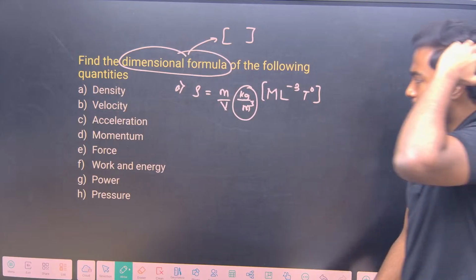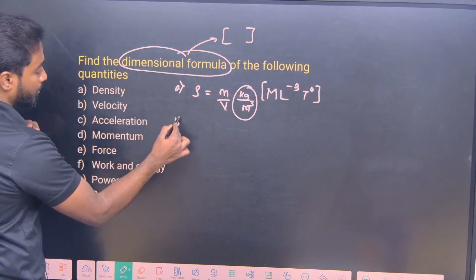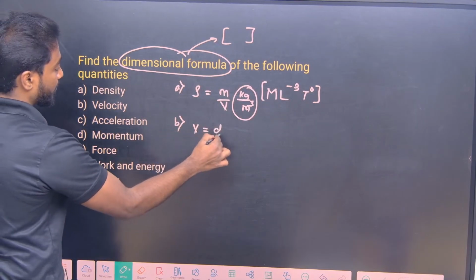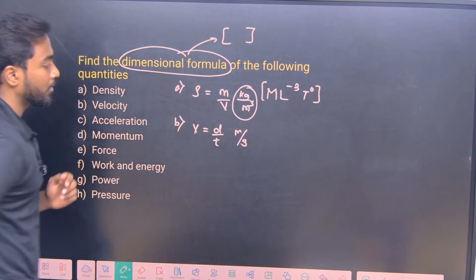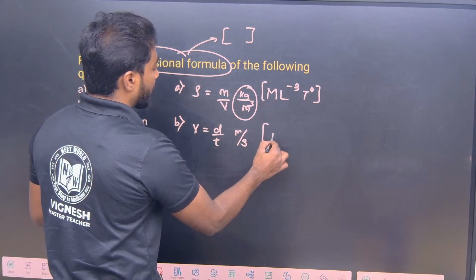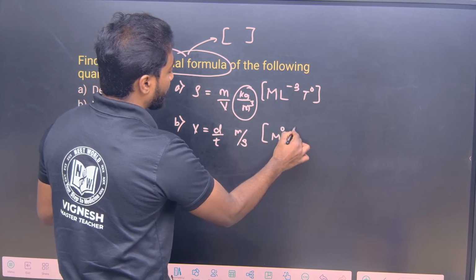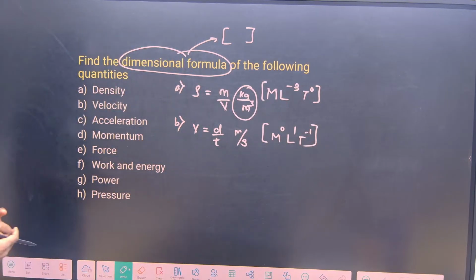For the second one, we have seen the dimensional formula, but we can do it once again here. Velocity is nothing but displacement by time, so meter per second. Meter is length L and seconds is T. So M power 0, L power 1, T power minus 1. L T power minus 1 is the answer for the second one.